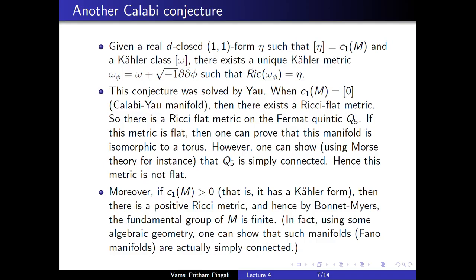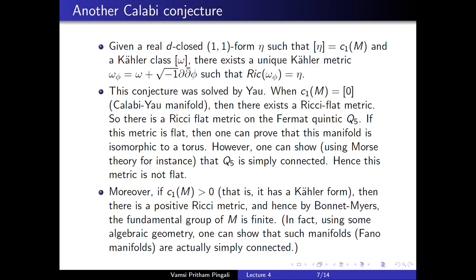It's not just that the fundamental group is finite, it's trivial. Such manifolds are called Fano manifolds. So Fano manifolds are simply connected. There are other proofs of this statement also, but the Calabi conjecture provides an elegant proof. So these are some applications of this particular Calabi conjecture.